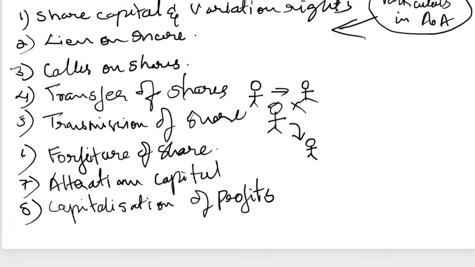Next is buyback of shares. Buyback of shares and forfeiture of shares are different. Forfeiting of shares is compulsory: the company demands the shareholders to give back the shares. That is called forfeiture of shares.